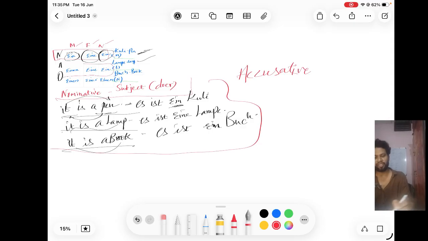We have finished nominative, so now look at the table. In this row we are going to learn the accusative row: einen, eine, ein. The same nouns are going to act as a direct object. For that we need a different subject. Subject should be different, object should be different. Then only will we be able to write.